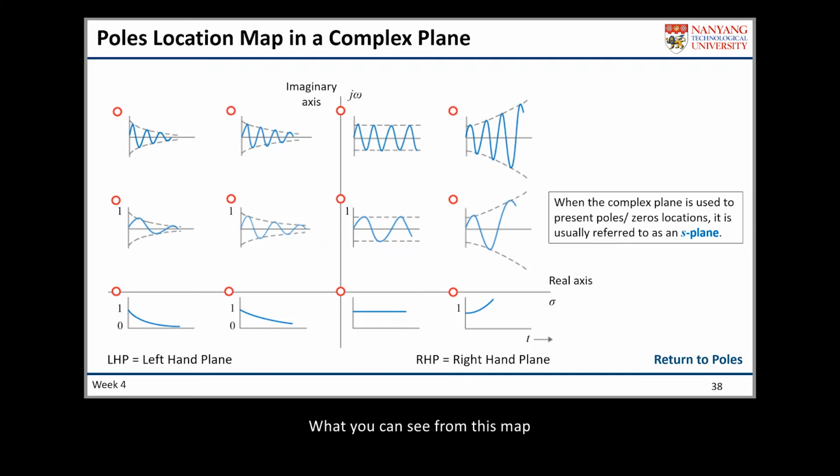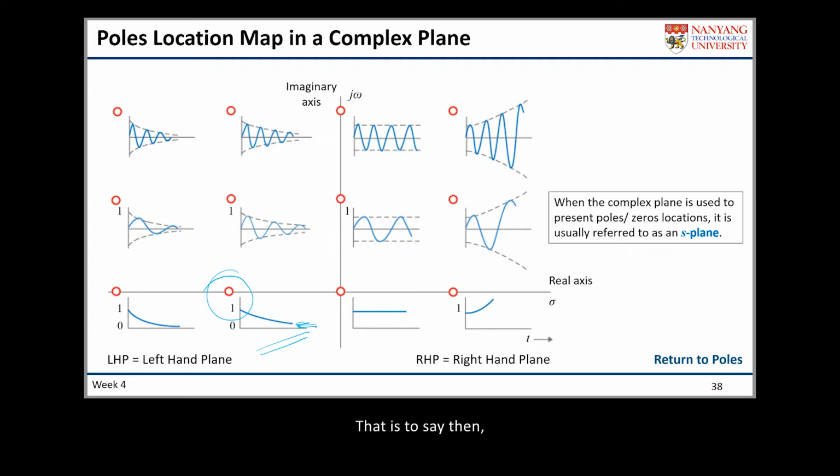Okay, what you can see from this map is, let's take one example. If you have a system with a negative real pole at that location, the response of your system is presented by this figure, which means the response will converge to one particular value and is not oscillating.